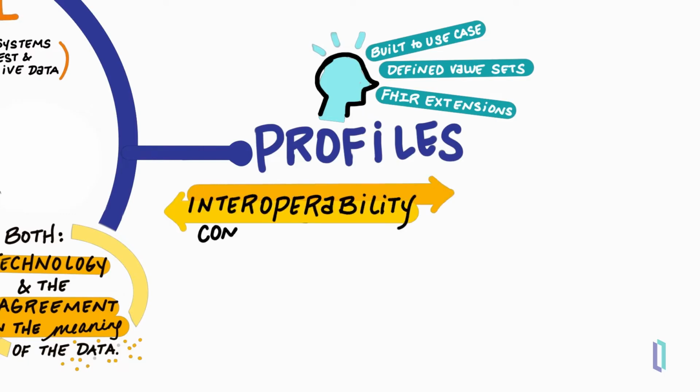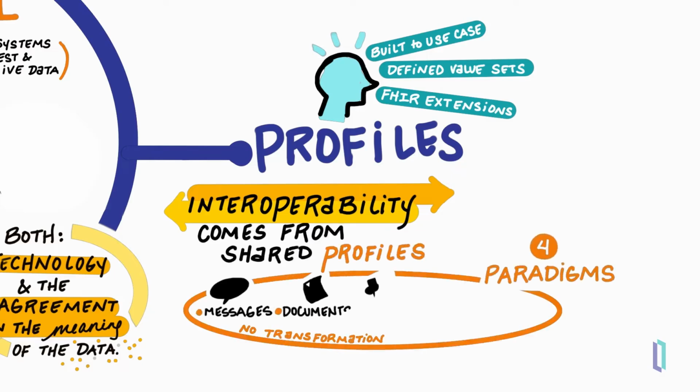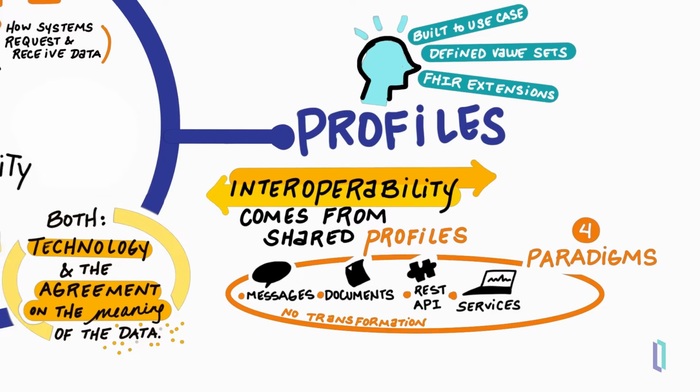By using shared profiles, healthcare applications can use FHIR across different interoperability paradigms without any transformation required. Data expressed as FHIR can be used in messages, documents, and REST APIs. Since FHIR is machine readable, it can also be used in services, such as decision support services.